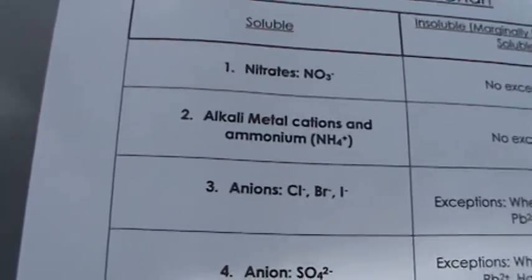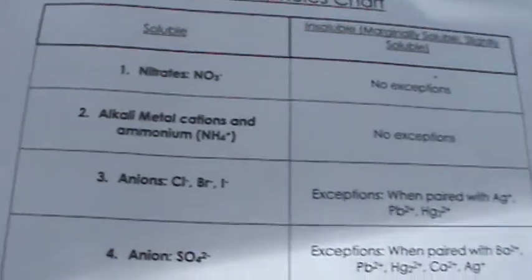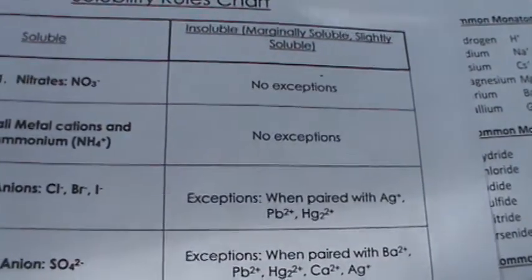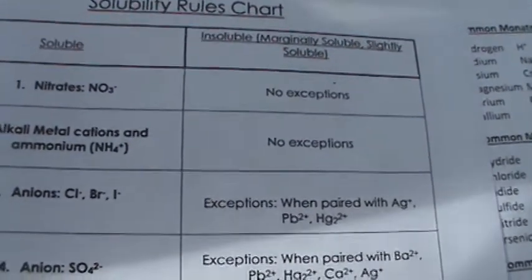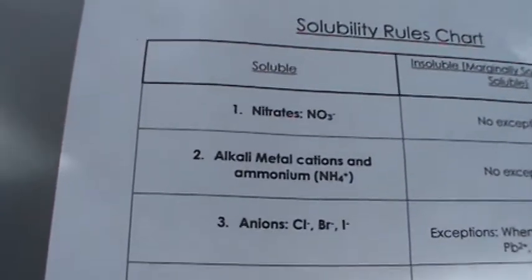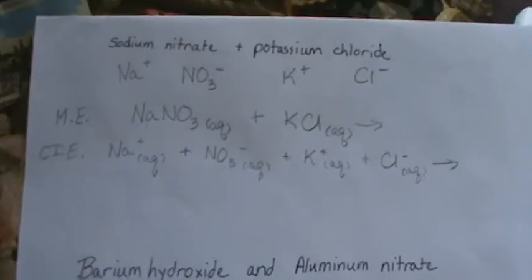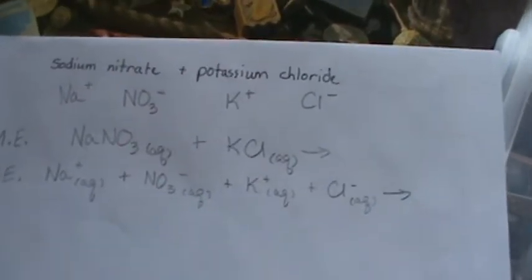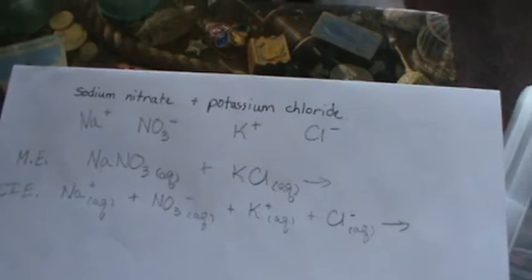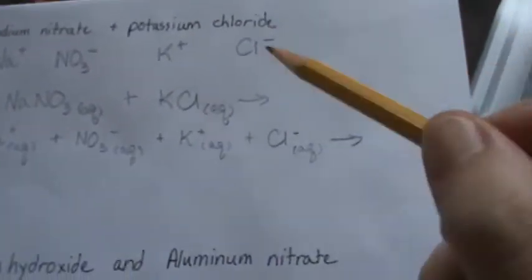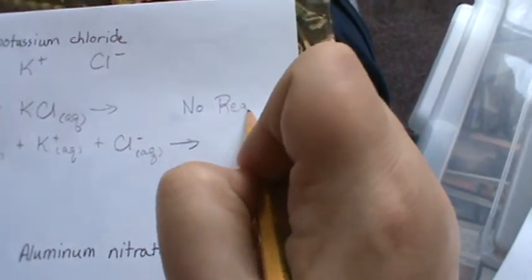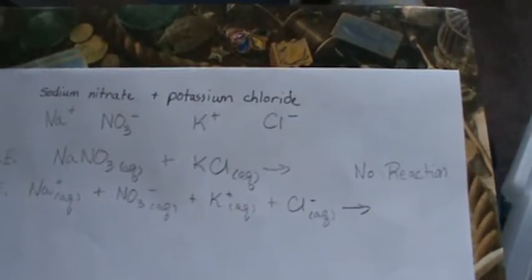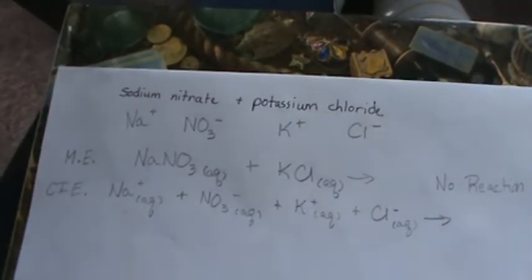And our anions, chloride, bromide, and iodide, are soluble, except with these cations. But we don't have one of those. That means by rule 1, 2, and 3, everything in here is soluble. If you get that special case, then all you need to do is write no reaction. And you're done.